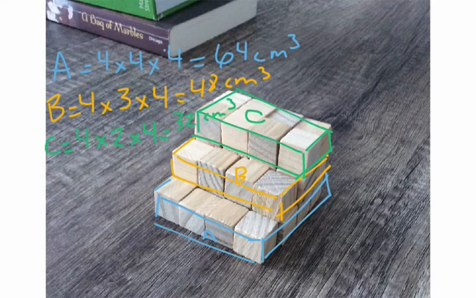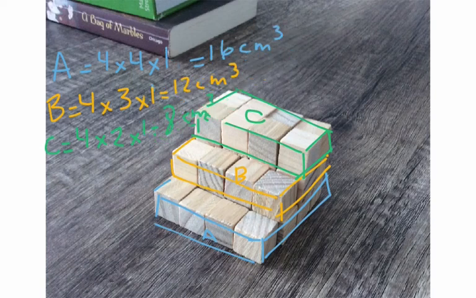So after I measure this, since these are little cubes, each one of them is 1 centimeter, 1 by 1 by 1, so it's 1 cubic centimeter. Basically, I know that figure A was 4 length, 4 width, and basically 1. Oh, I made a mistake right here, so I need to fix this. All right, I caught my mistake.